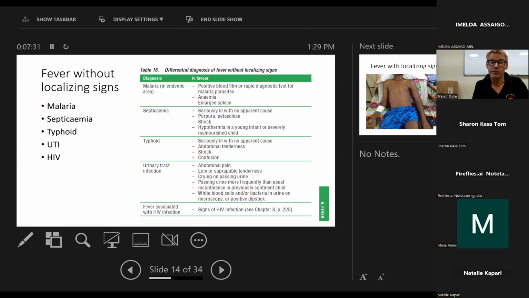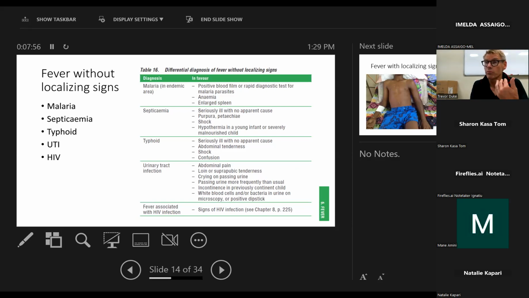On the other hand, they might. So a child with malaria might have splenomegaly or anemia. It's not exactly a localizing sign, but it's a clue that they might have malaria.